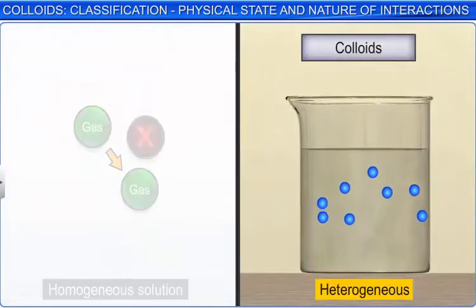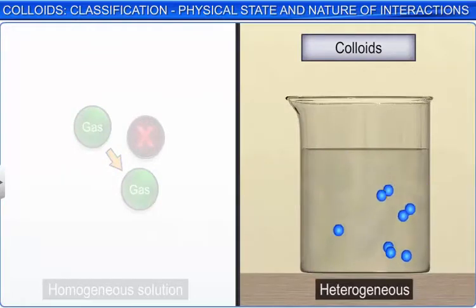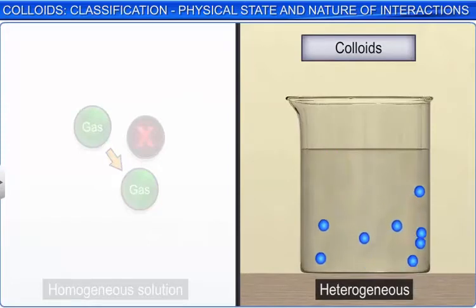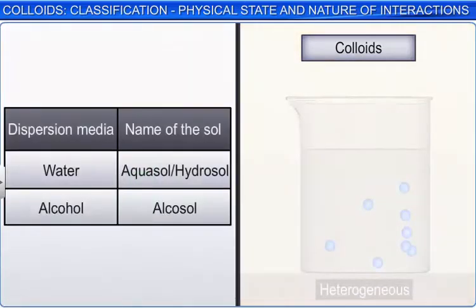Depending upon the nature of the dispersion medium, sols are given different names. For example, if the dispersion medium is water, then the sol is called an aquasol or hydrosol. And when the dispersion medium is alcohol, it is called an alcosol.